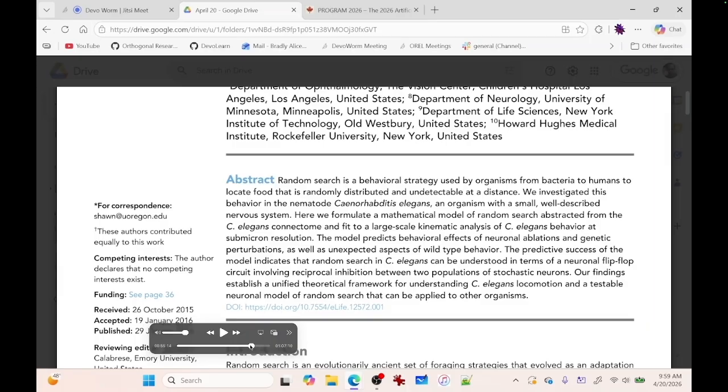So they're able to model this in a way that uncovers these circuits that do what they call a neuronal flip-flop, which is where there's reciprocal inhibition between two populations of stochastic neurons. And so they're able to get interesting results that take a different method from the last paper, but get you to the same place.